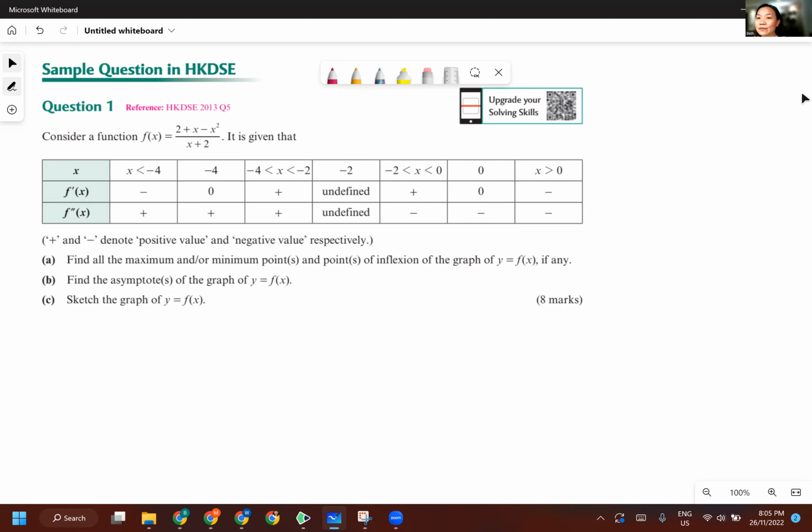Before that, I want to mention a little bit about the test on Friday. I marked it yesterday. And a lot of you got full marks, which is very good.